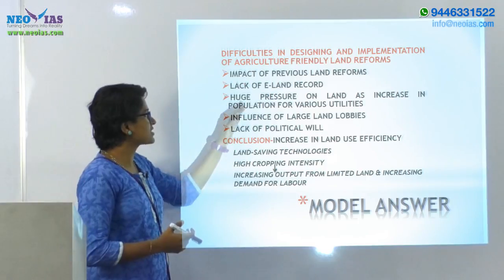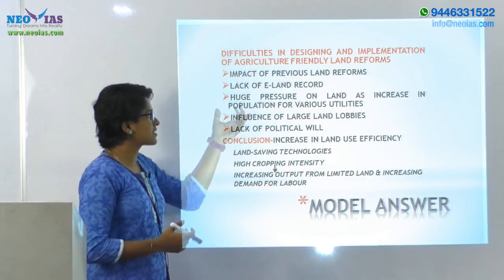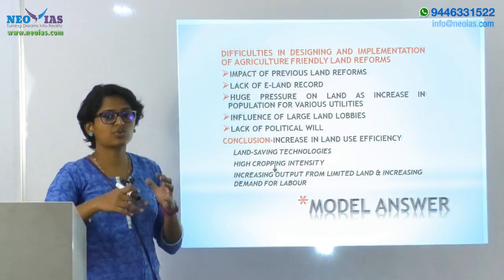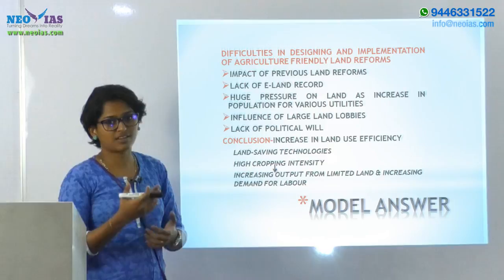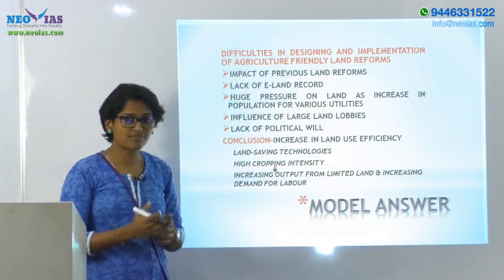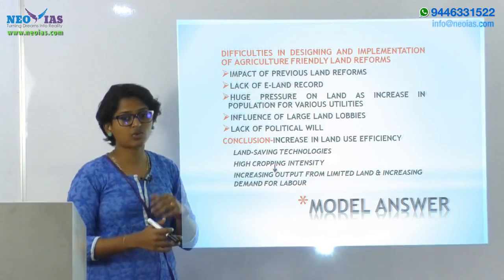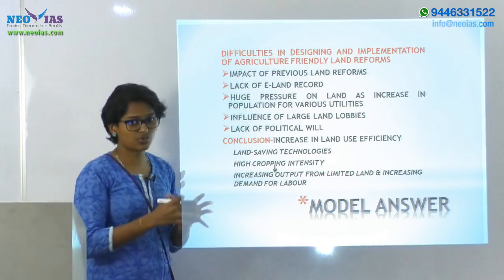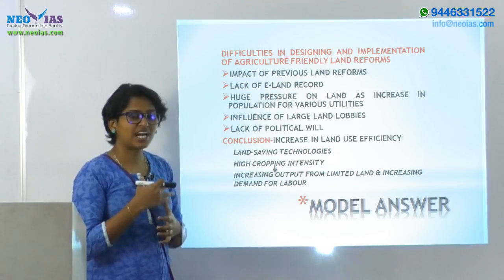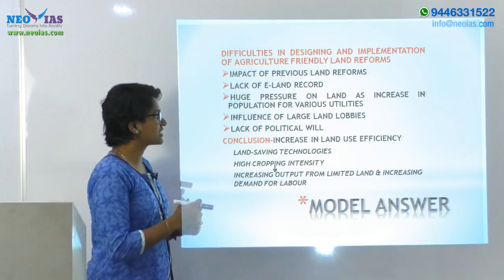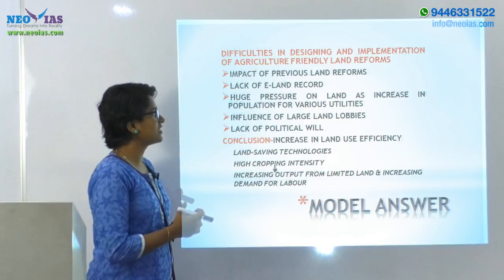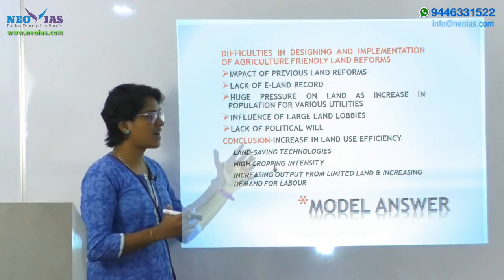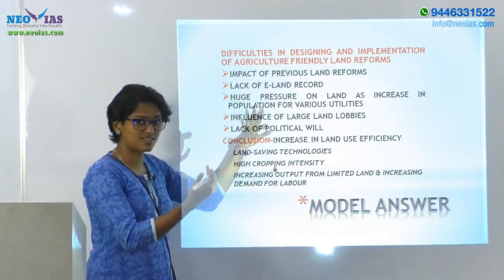Then the next important point we can bring in is that there is huge pressure on land. As you know, population is increasing year after year, so the demand for land for various other purposes is also increasing. So from the point of view of designing or implementation too, it is very difficult to come up with such agriculture friendly reforms, as it favors the agriculture sector more.